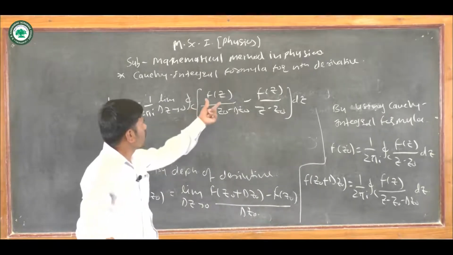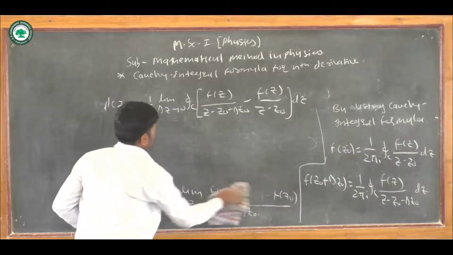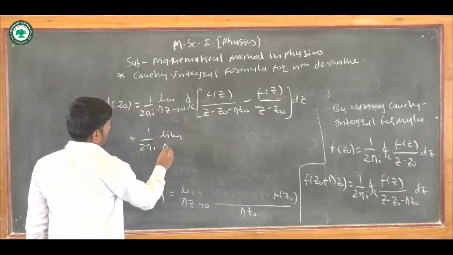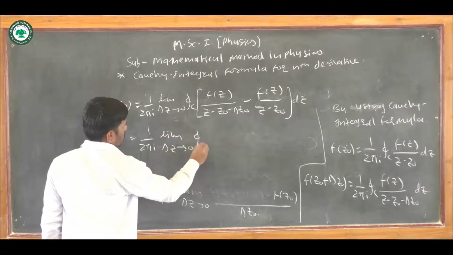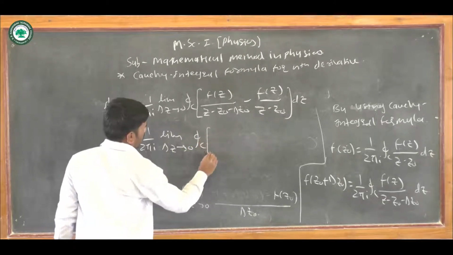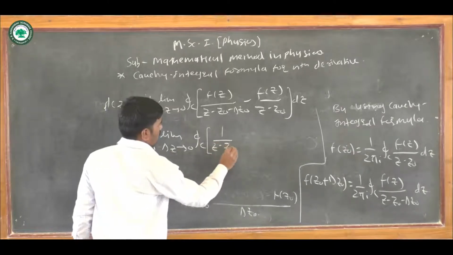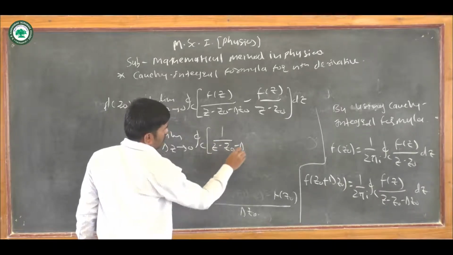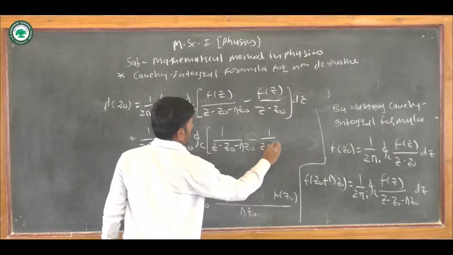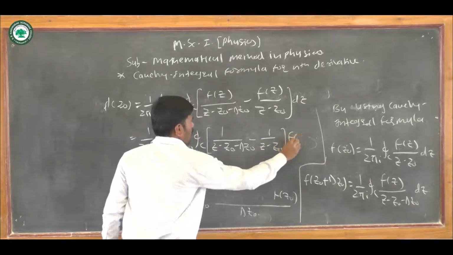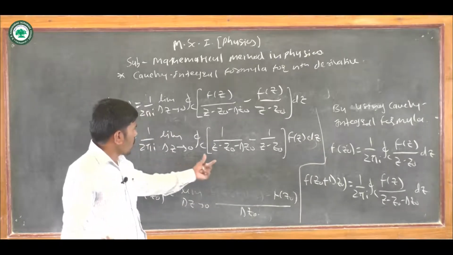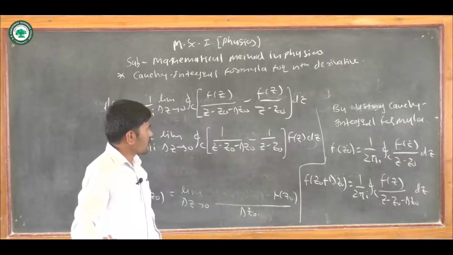Now if I take f(z) common, this is 1 by 2 pi i, limit as del z approaches 0, closed integral over C of [1 by (z minus z naught minus del z naught) minus 1 by (z minus z naught)] f(z) dz. So we just prove these things first.